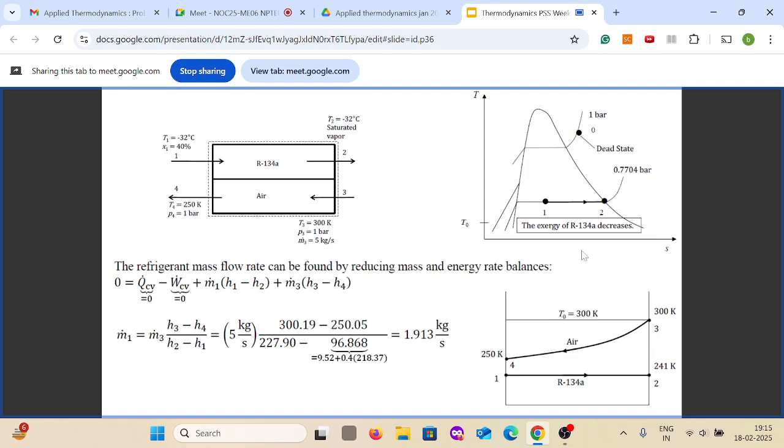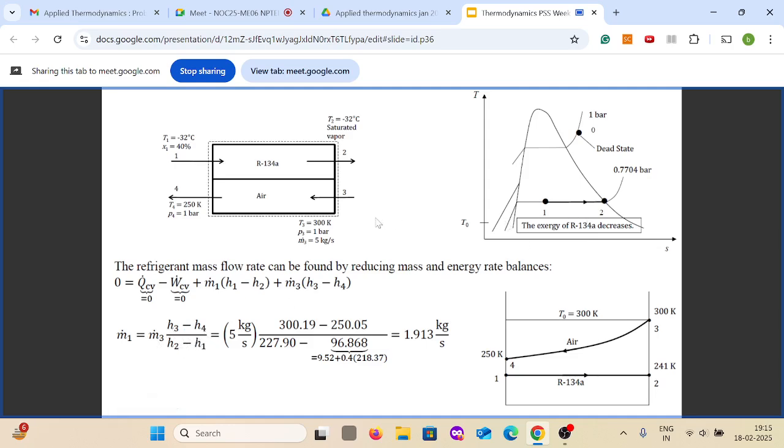If we do an energy balance across this heat exchanger, the enthalpy change for R134A equals the enthalpy change of air. From there I can find the mass flow rate of R134A. So m dot 1 is m dot 3 times (H3 minus H4) divided by (H2 minus H1).